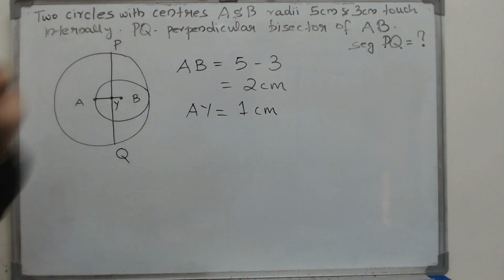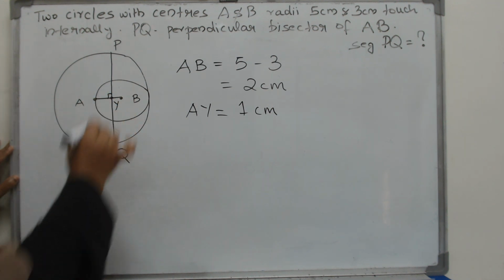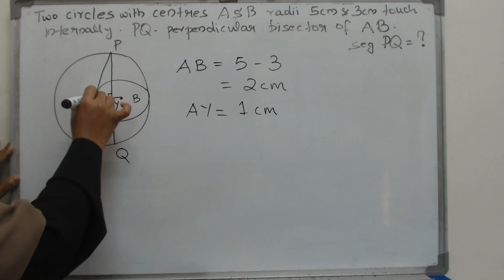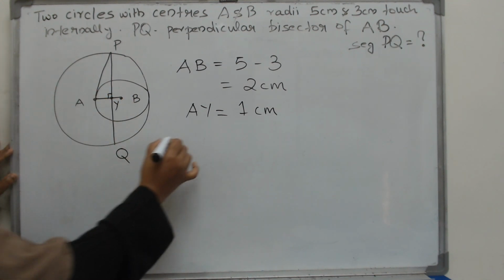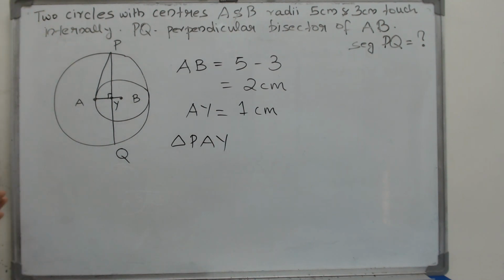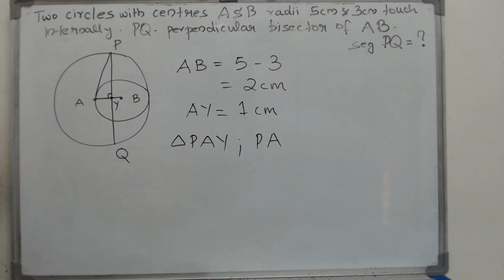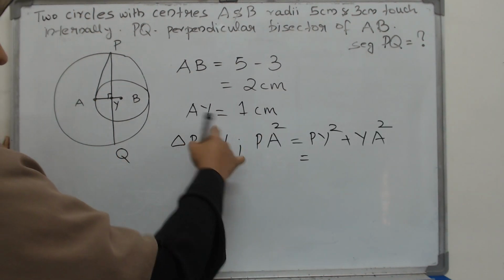Not only that, it is a perpendicular bisector, which means it is perpendicular to the line AB, or in other words, if you join PA, then if you consider the triangle PAY, it will be a right angle triangle with the hypotenuse PA. Then if you apply the Pythagoras theorem, what is AY square?